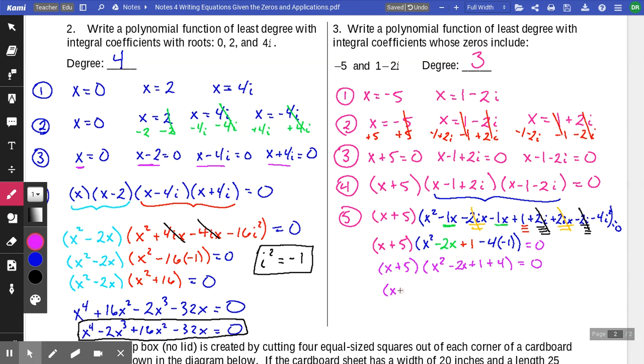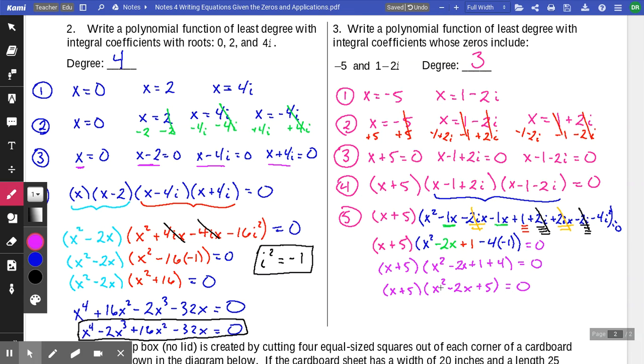Okay, so we get x plus 5 times here. Simplifying one more time, we get x squared minus 2x plus 5. And just like that, we have factors that do not include the letter i whatsoever, meaning our polynomial will only involve terms with the letter x.